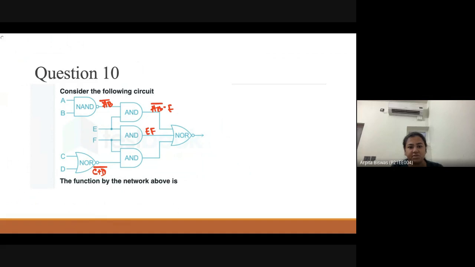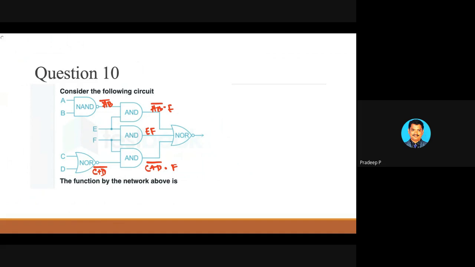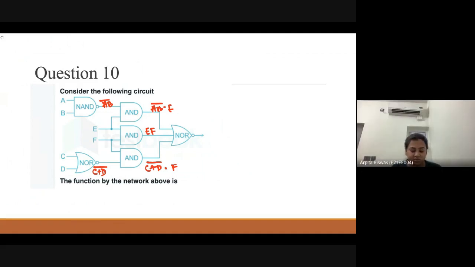And then F is coming here and it is passing through an AND gate. So what is coming here? C plus D bar into F, right? Then these three things are passing through a NOR gate, so total bar.